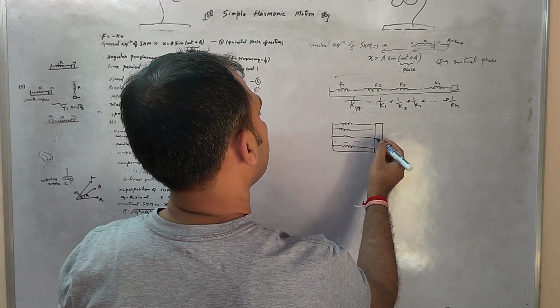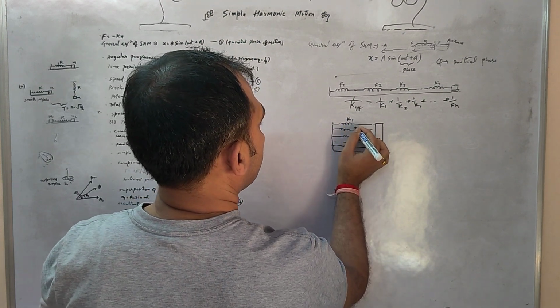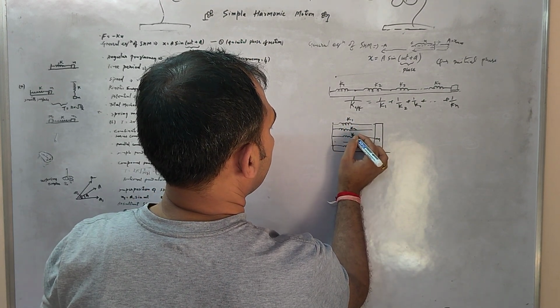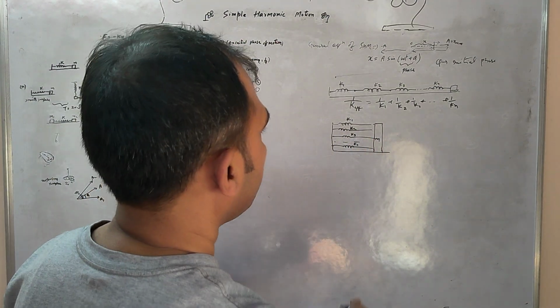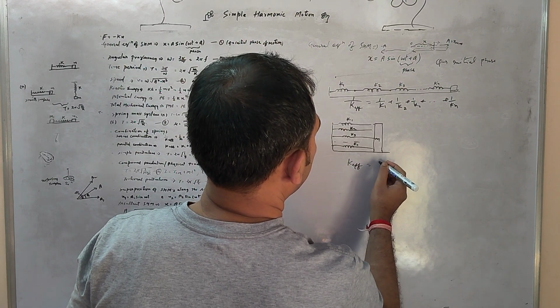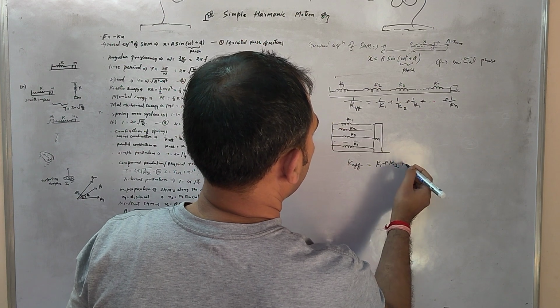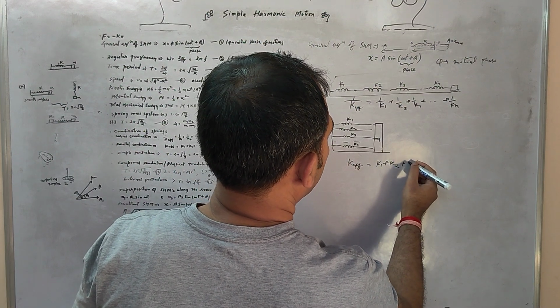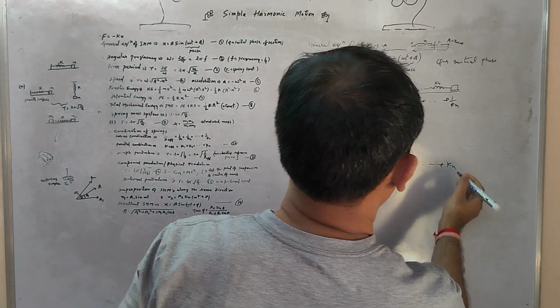This is any mass m, with spring constants k1, k2, k3 and so on up to kn, connected in parallel. Then k effective here will be k1 plus k2 plus k3 plus so on, kn.